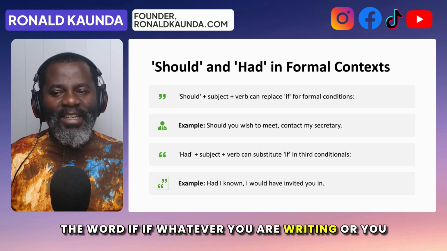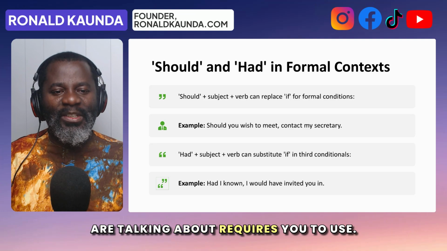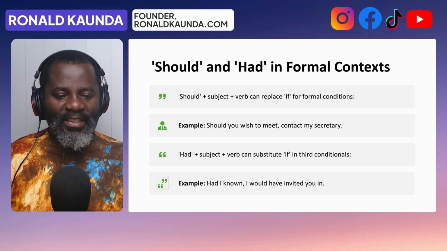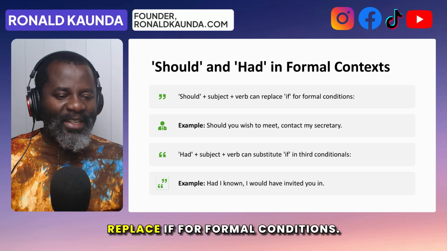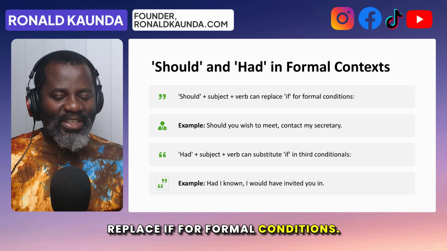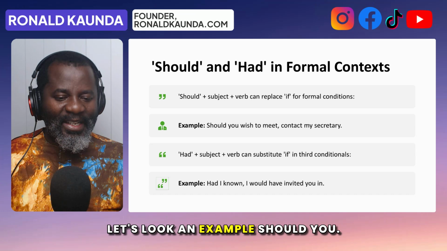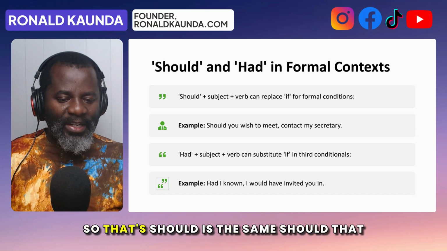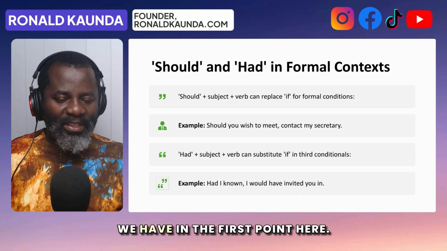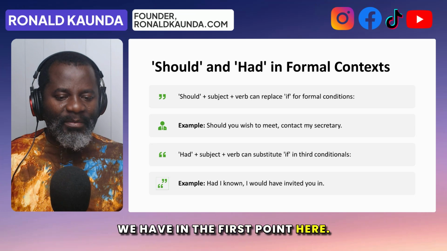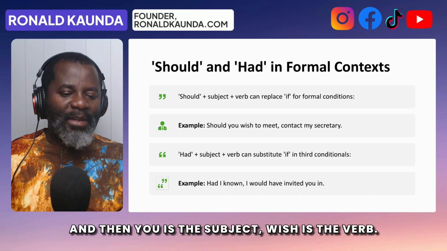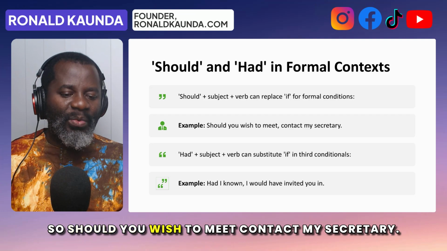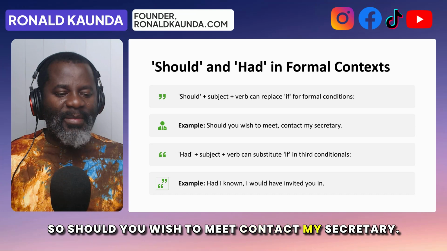Should plus subject plus verb can replace if for formal conditions. Let's look at an example. Should you wish to meet, contact my secretary. Here should is the same should that we have in the first point, you is the subject, and wish is the verb.